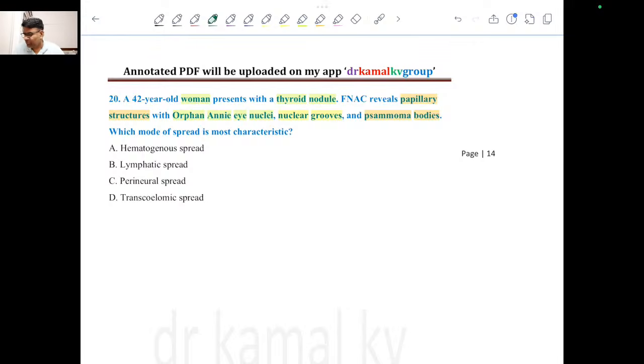So here a known case of thyroid nodule, yes, so it's a lady with thyroid nodule, and FNAC is showing us classical features.